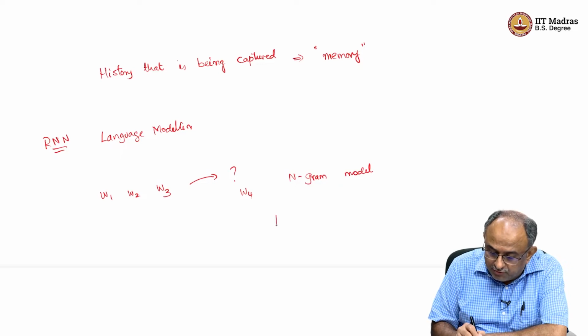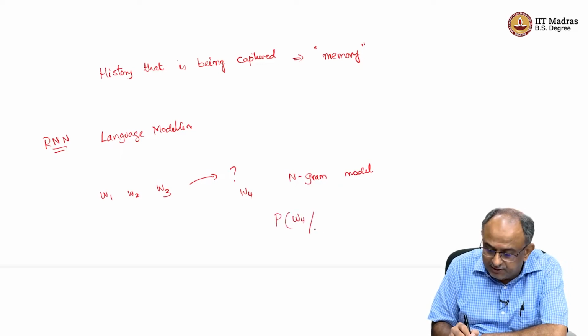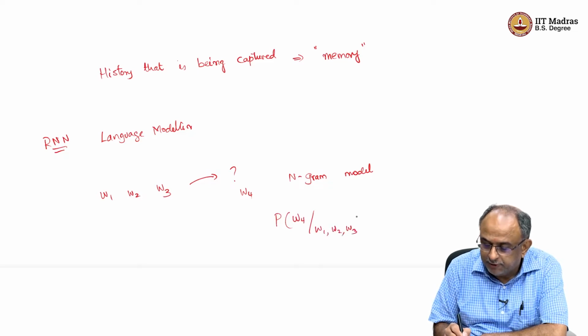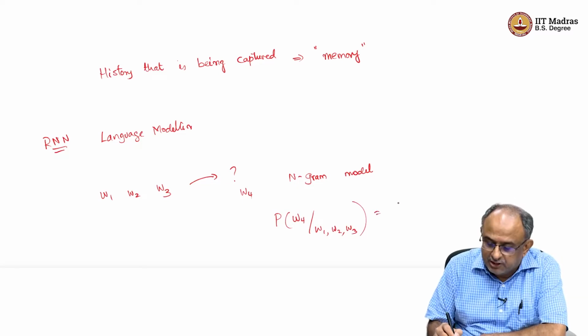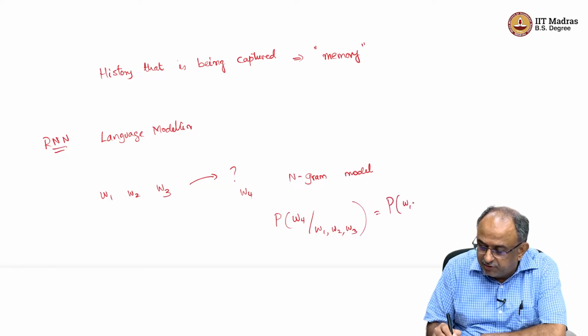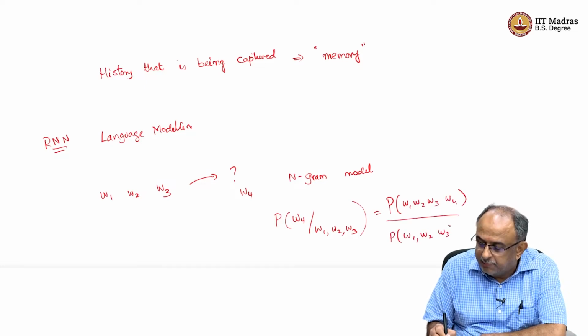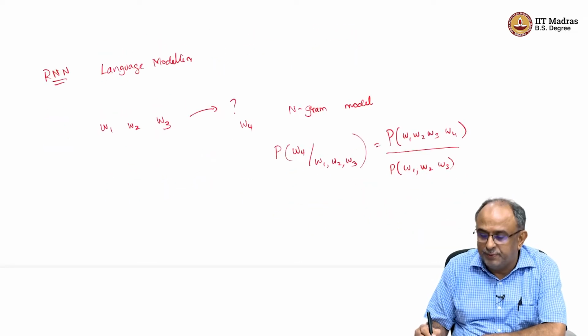So, what we are looking for is the probability of W4, the fourth word, given that I have observed W1, W2, W3. And the way we did this is we counted, right. So, this is basically nothing but the probability of the sequence W1, W2, W3, W4 occurring divided by the probability of W1, W2, W3 occurring. Basically an idea borrowed from Bayes, right.